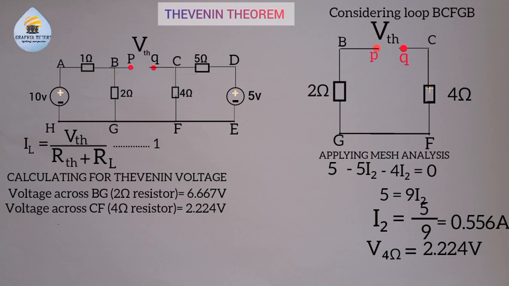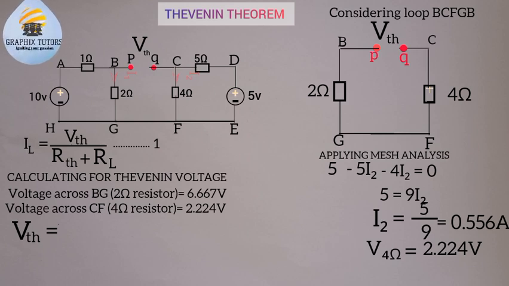Considering the loop, we want to know the potential difference between these two terminals here, or I can easily say that my V Thevenin will be equal to the voltage across the 4 ohm resistor minus the voltage across the 2 ohm resistor.